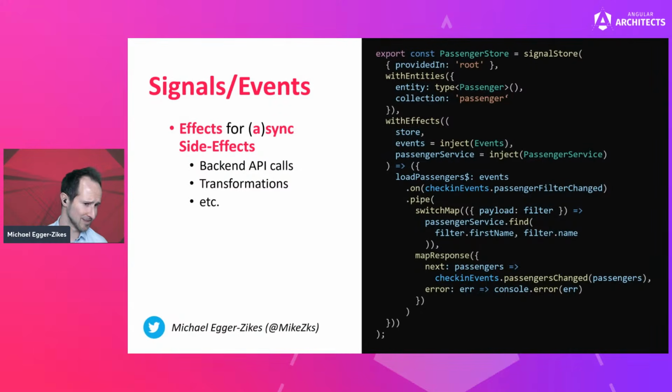You could do the same for save operations. You could, of course, also do this without server communication. So having a side effect that writes to the local storage, for example, and reads data after the application was reloaded, right? All of that is possible in a very nice message-based manner, like with the Events API.